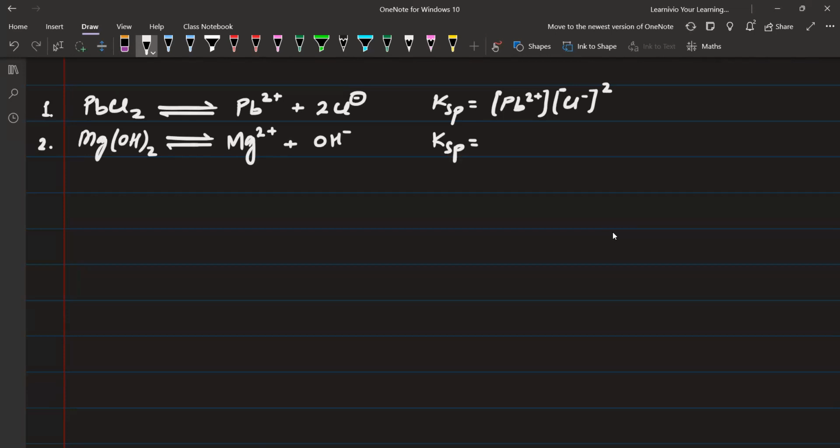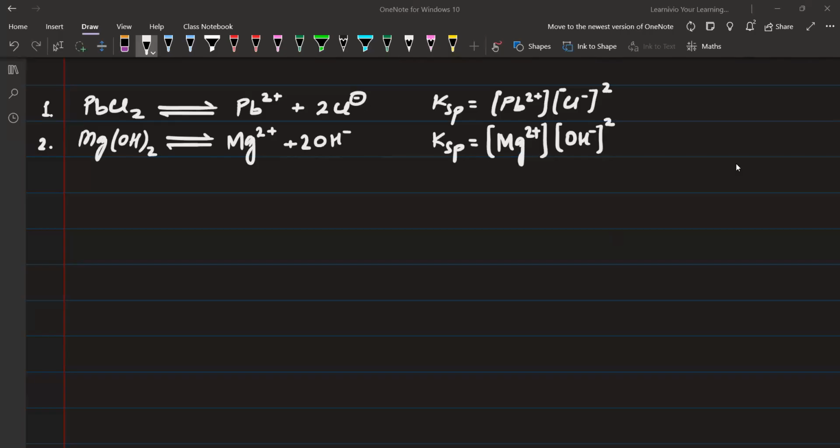Mg2 positive, OH negative squared. Very good.